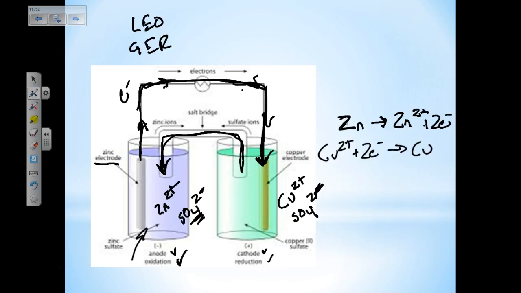The zinc half reaction is happening here, and the copper half reaction is happening there. When you add this up, you get zinc plus Cu2+ reacts to form zinc 2+ and Cu. Now that we have this total reaction, what is happening?